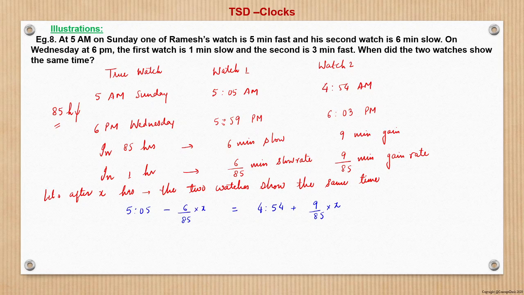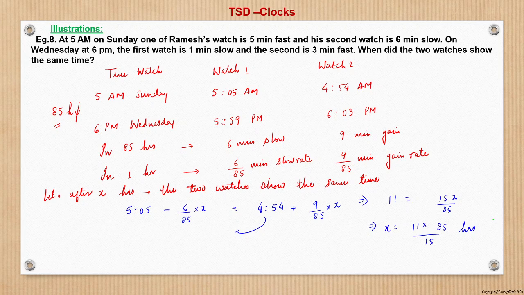Now we can further simplify this. If we take this to the LHS, it will be 5:05 minus 4:54, which gives us 11 minutes. So 11 minutes is equal to, and this we take to the RHS, 15x upon 85. From here, x is 11 into 85 upon 15 hours.